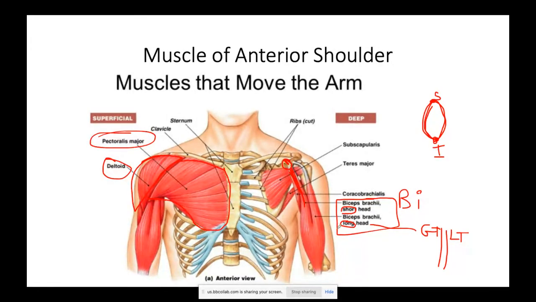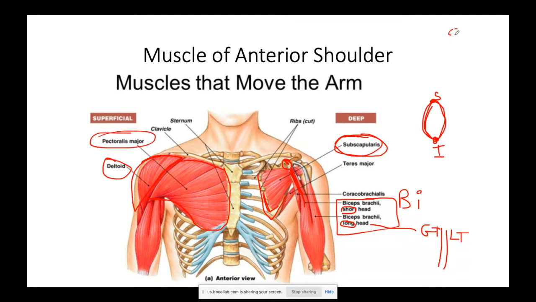Okay? All right, also pay attention to this one on the upper right here called the subscapularis. Notice that the ribs are cut, and we can see the anterior scapula. And the fossa here on the anterior scapula is called the subscapular fossa. And there is a rotator cuff muscle that originates there called the subscapularis.